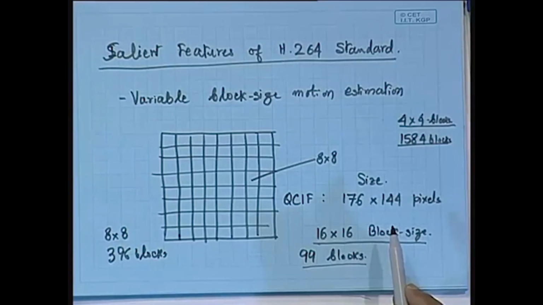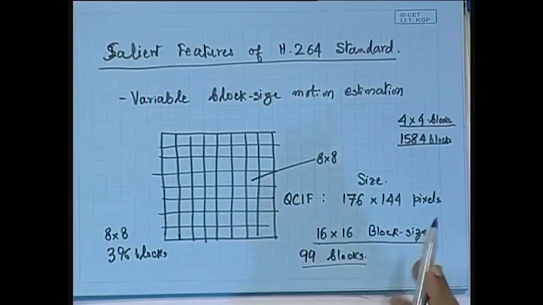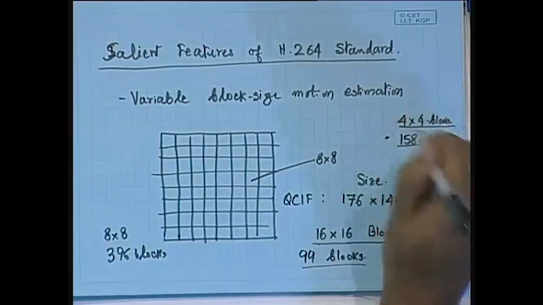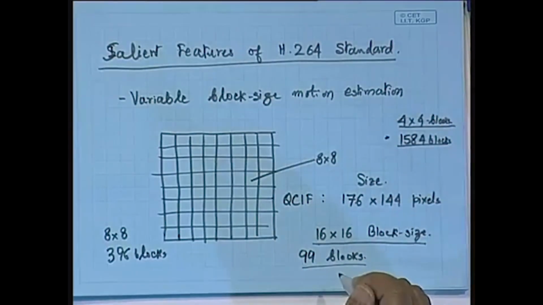That is 16 times as many motion vectors to be transmitted. So, naturally, encoding the motion vectors will consume many more bits. So, from that point of view, the larger the block size, the better it is for us. If we could make it 32 by 32, still better. But then what is the difficulty if we keep on increasing the block size?